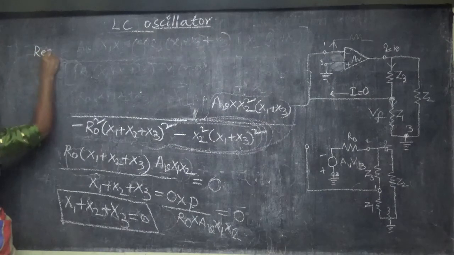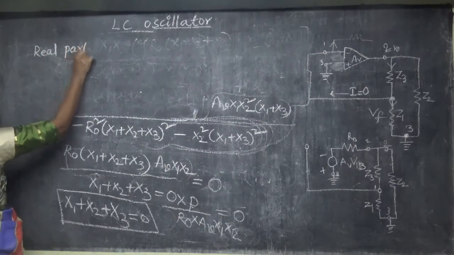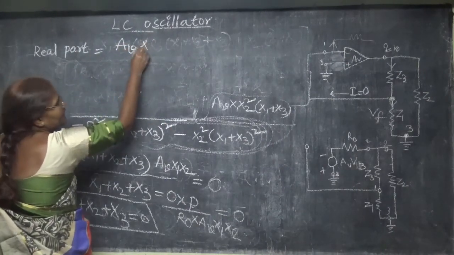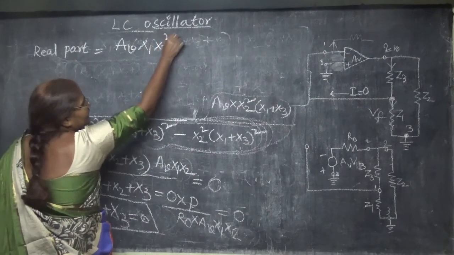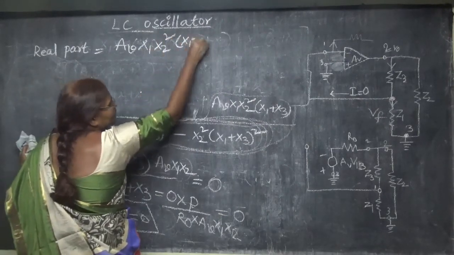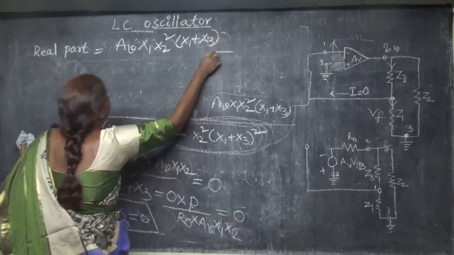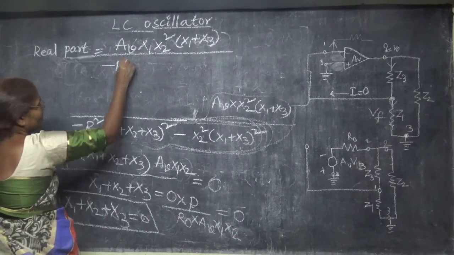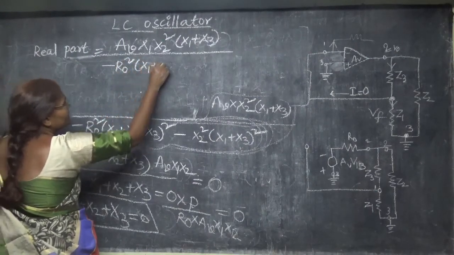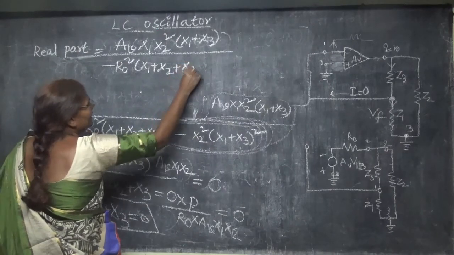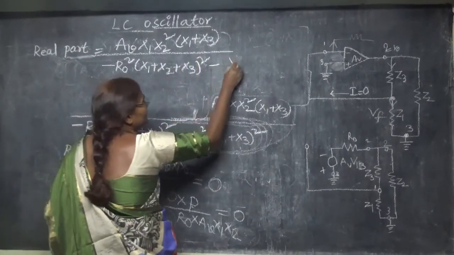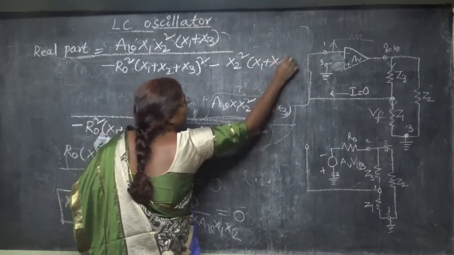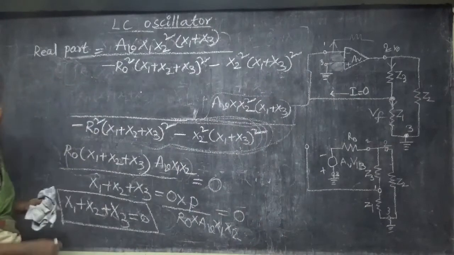Real part is going to be AB into x1 x2 square into (x1 plus x3), divided by minus R0 square into (x1 plus x2 plus x3) whole square minus x2 square into (x1 plus x3) whole square. This is my real part.